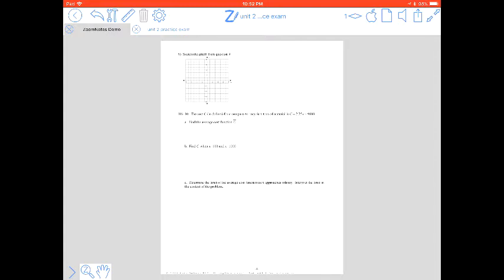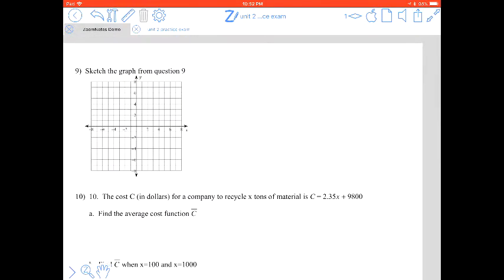So the function from question 8 was 3x over x squared minus 9. That should say sketch the graph from question 8.